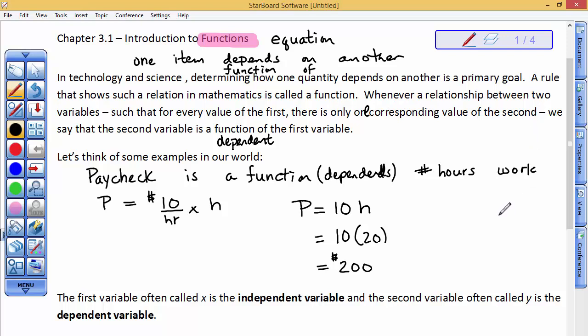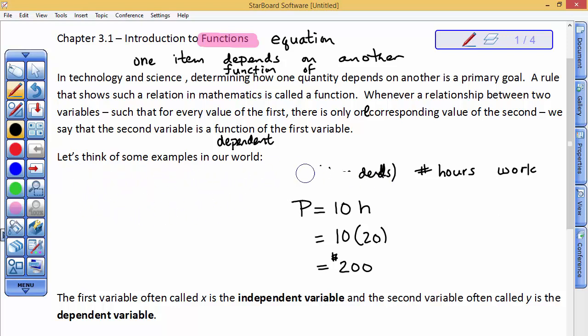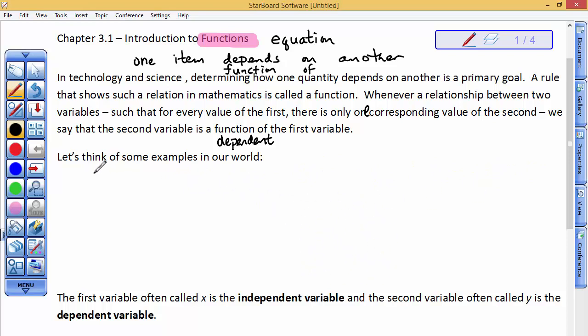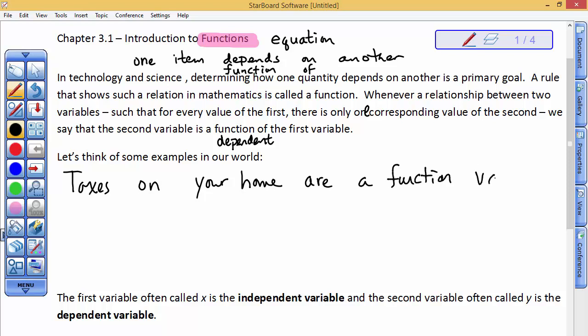So let's say you own a home. The value of your home is dependent on, let you think for a minute while I write, the value of your home. And I'm sorry, I'm going to go back. What I meant is the taxes on your home. The taxes on your home, property taxes, are a function, and this is where I was getting at the word value, are a function of the value of your home.